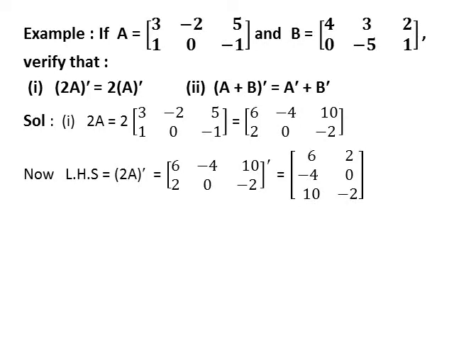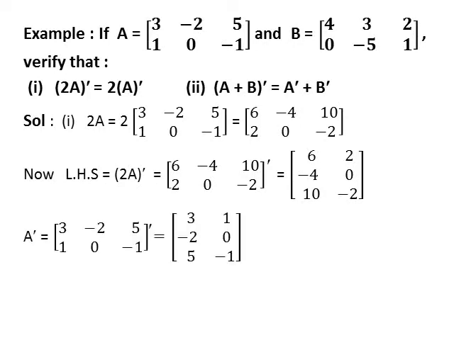Transpose of matrix 2A is a matrix obtained by interchanging rows and columns of 2A as shown, and we get a matrix of order 3 by 2. Now, for right hand side, first take transpose of matrix A, and it is a matrix obtained by interchanging rows and columns of matrix A as shown.